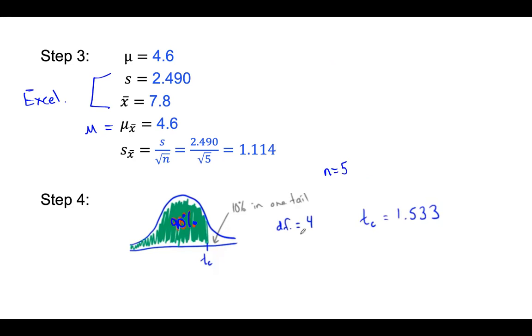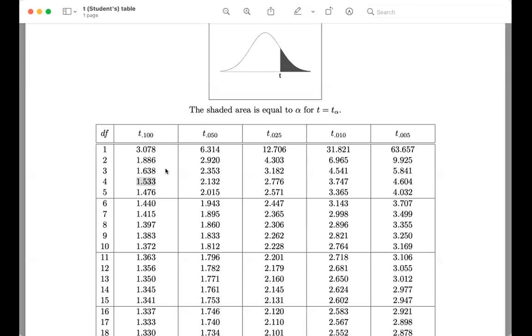So our degrees of freedom is going to be 5 minus 1, which is 4. We can look this up in the table. So our degrees of freedom is 4, and our alpha here is 0.1. So it's just going to be right here, 1.533.